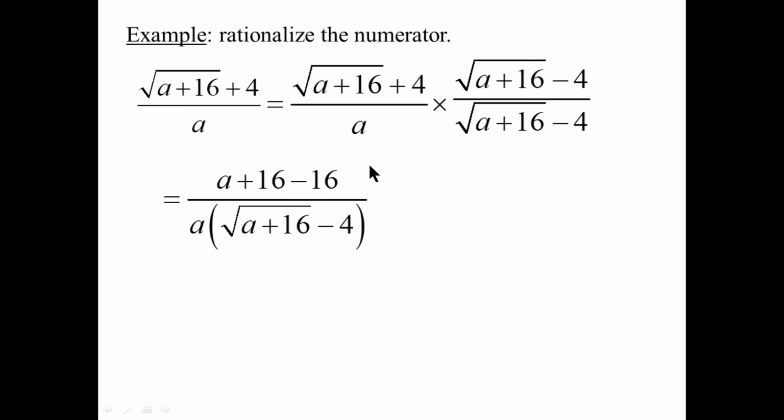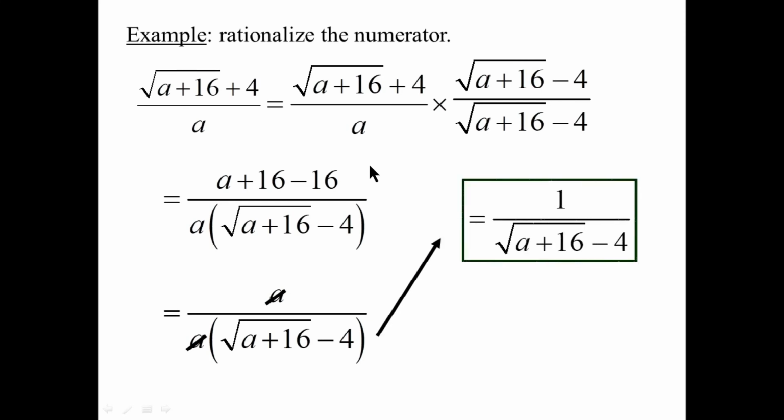The plus 16 minus 16 vaporizes. The a's now are allowed to cancel because they are factors of numerator and denominator, leaving our result, a rational numerator. That was just a little bit of a warm-up into some math skills.